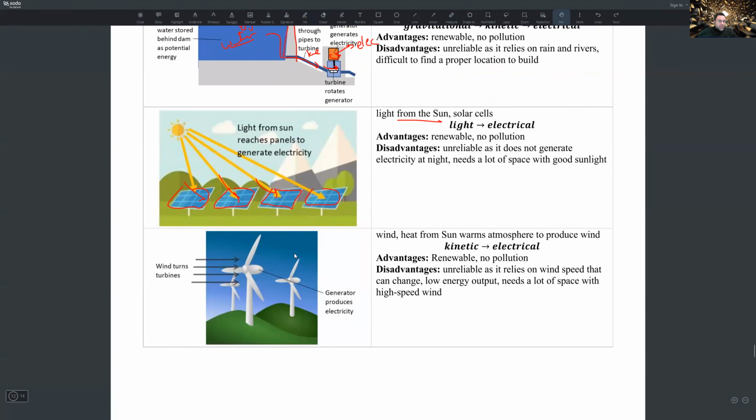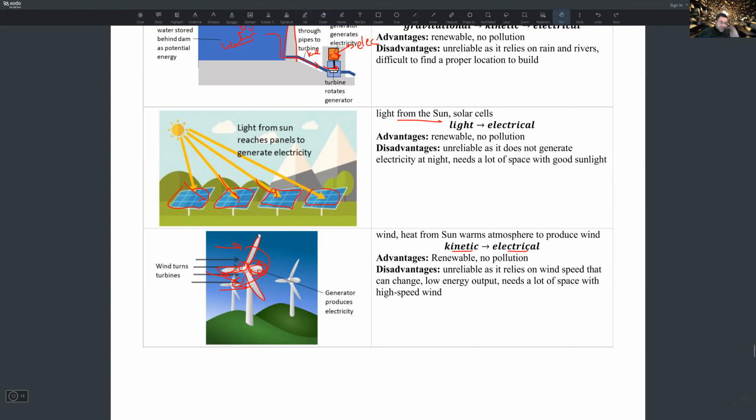And finally, wind turbines. You've probably seen wind turbines a lot. It's the most common thing you see that actually moves and it looks very cool. When the wind hits the turbines, it turns, and when it turns the generator, which is literally the part behind it, it generates electricity. So it's kinetic to electric.